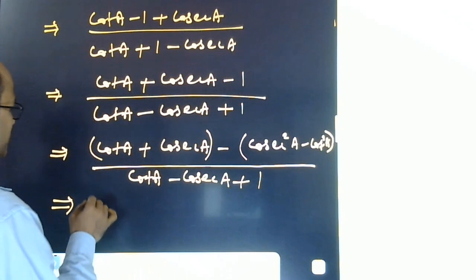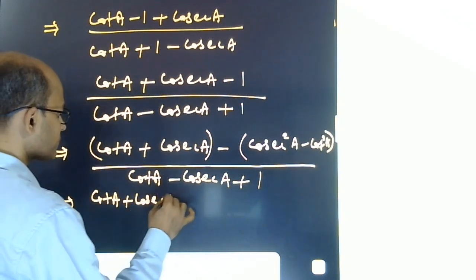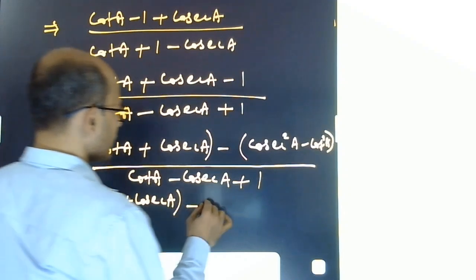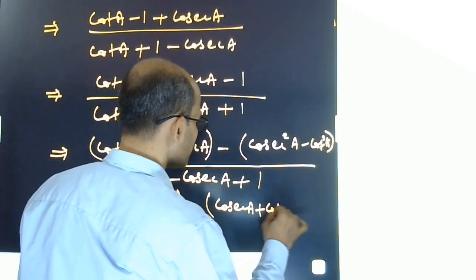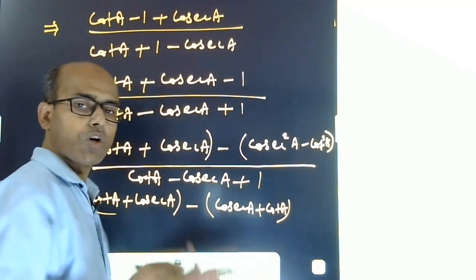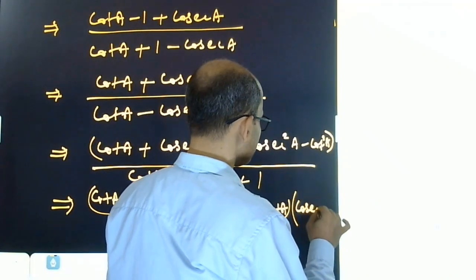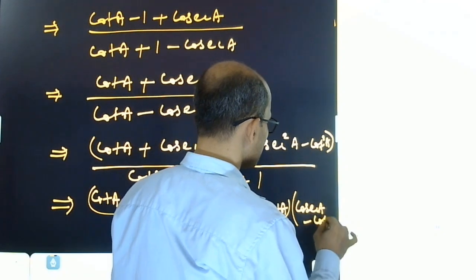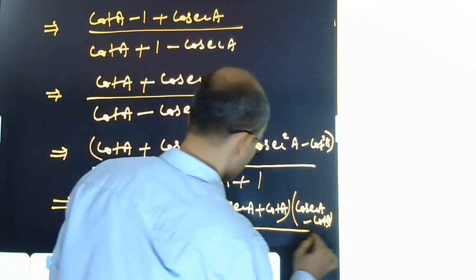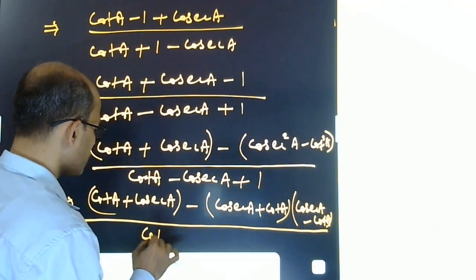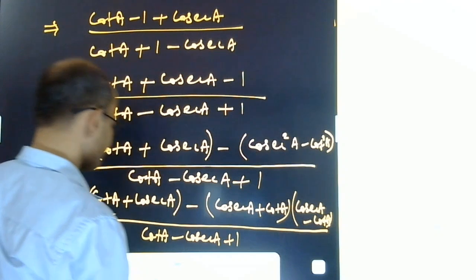So this will become cot a plus cosec a, and this has become cosec a plus cot a, and cosec a minus cot a. Right now we are required to move ahead. This is cot A minus cosec A plus 1.